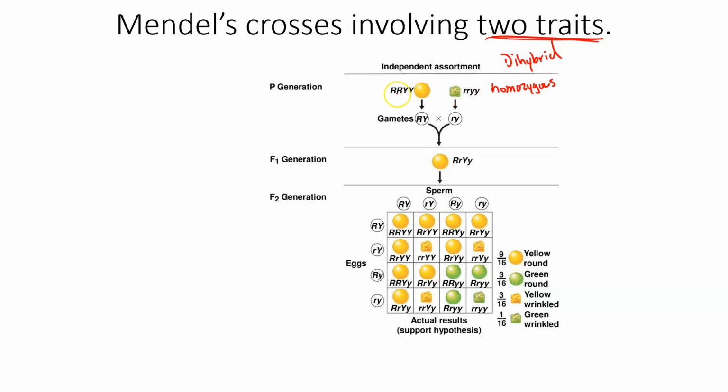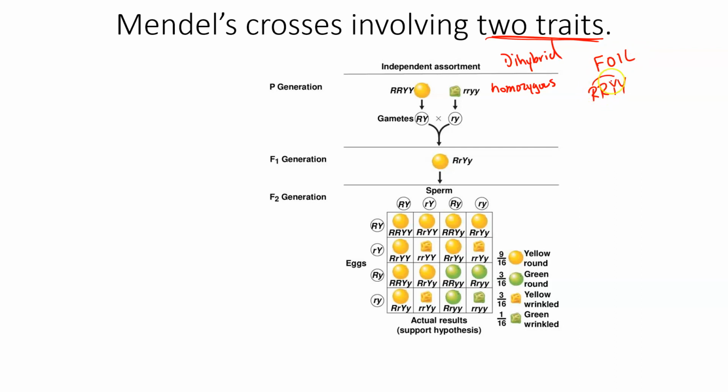The way that we assort these traits independently to produce gametes is we have to FOIL. F-O-I-L. Big R, big R, big Y, big Y. In this particular parent's case, F stands for first, so it will be the first letter of each group of letters.